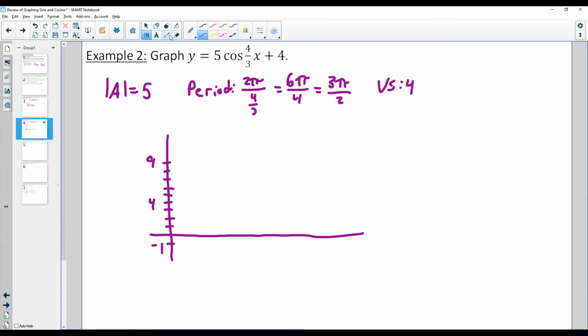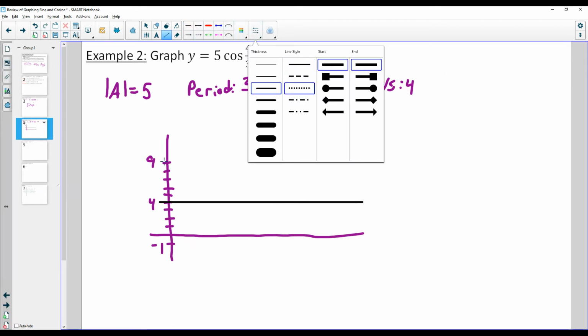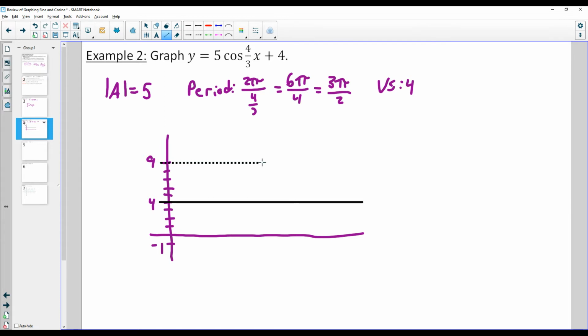So I know that my midline is at 4 because of my vertical shift, and then I also know that because of my amplitude, that's where our max is, and this is where our min is.